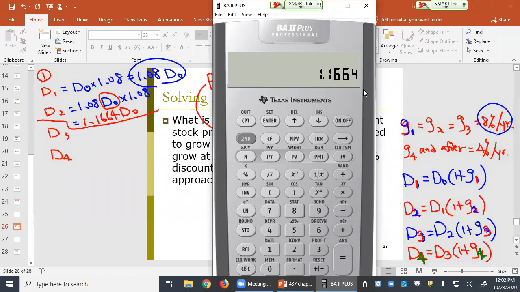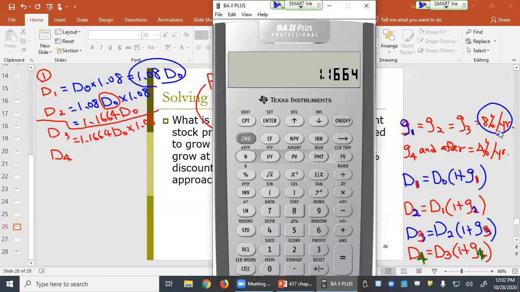So what is my D3? We'll again start with the previous dividend. So if we're solving for D3, my previous dividend will be my D2. So we use D2 times 1 plus G3. And what is my D2? D2 is 1.1664 times D0. So I will start with that 1.1664 D0 times 1 plus G3. My G3 is again 8%, so times 1.08.